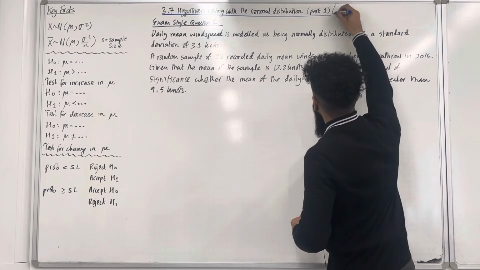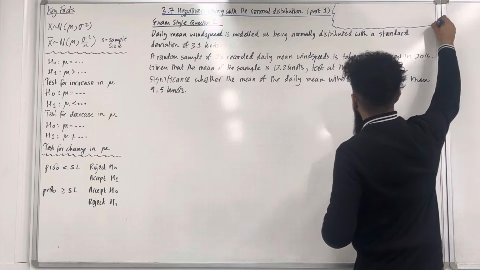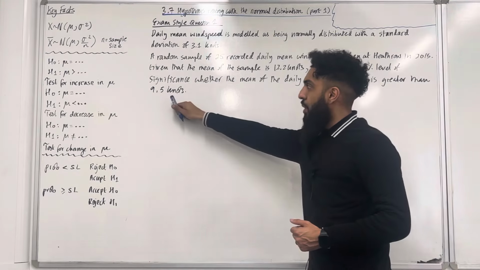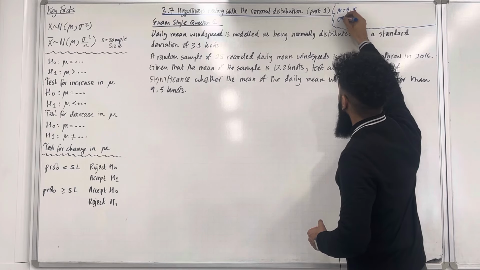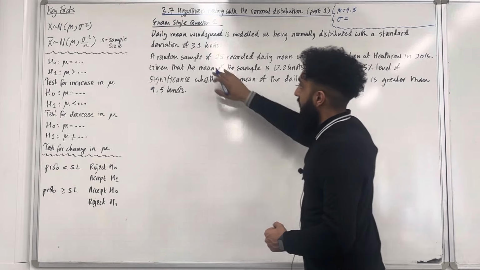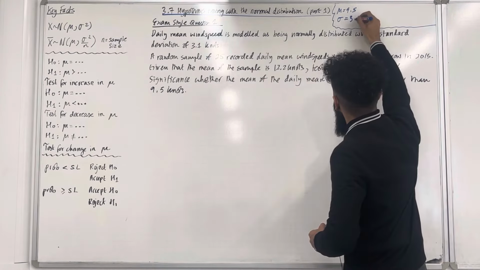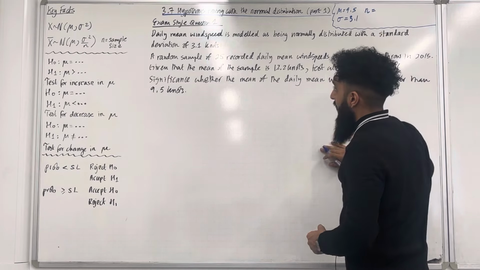So here are my key facts. We are assuming that the mean mu is 9.5. So mu is equal to 9.5. Sigma, the standard deviation, is 3.1. The sample size n is 25.